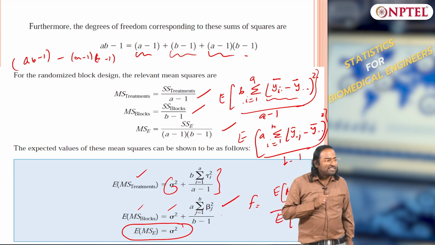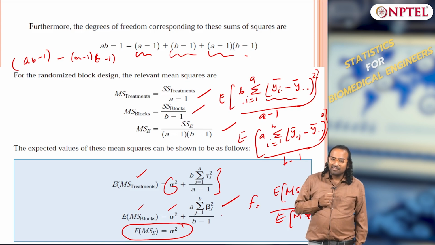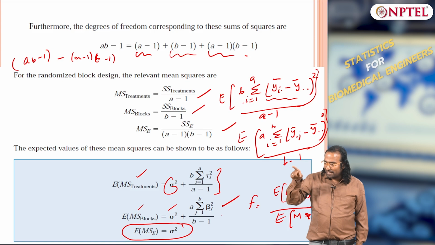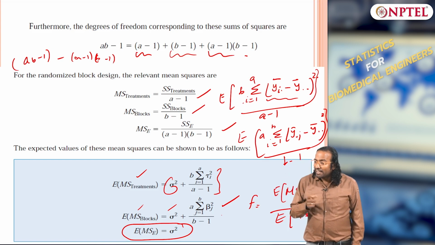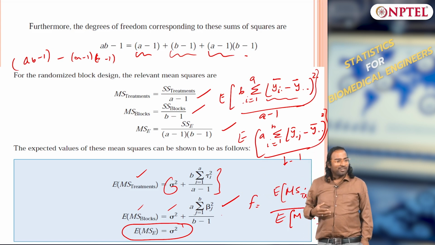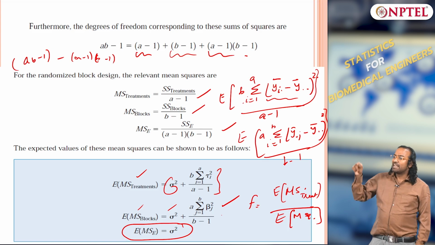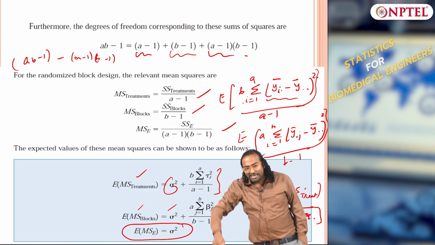What is the error degrees of freedom in ANOVA? A into n minus 1. Here it is A minus 1 into n minus 1. If you want to put it into ANOVA terms, B is nothing but n in ANOVA. So this is A minus 1 into n minus 1. The degrees of freedom have obviously dipped.